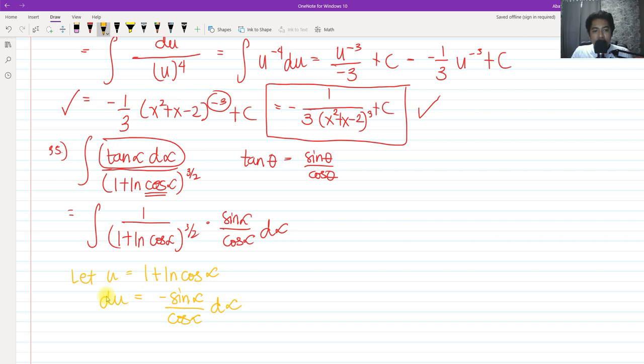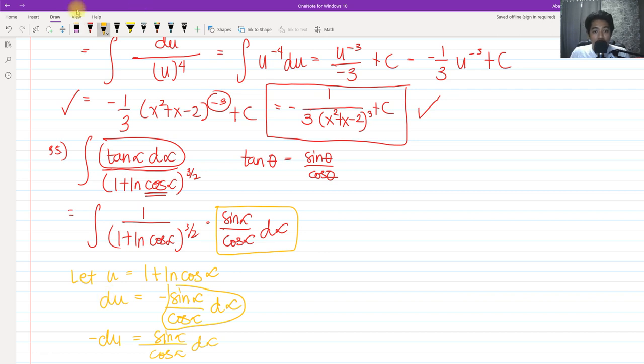If you can see, sine alpha over cosine alpha is actually what we are trying to look for, and that is our du. So I'm going to isolate this by multiplying both sides by negative 1. So we have negative du equals sine alpha over cosine alpha d alpha.